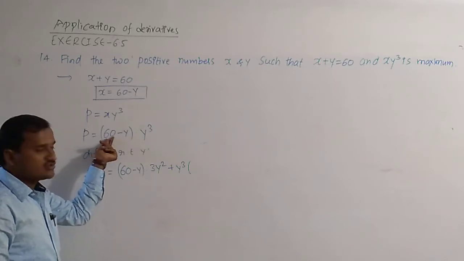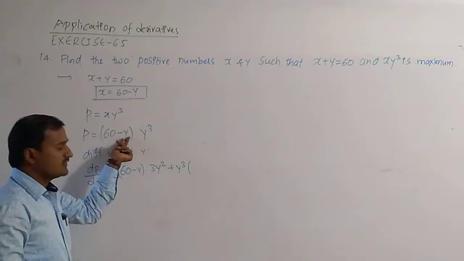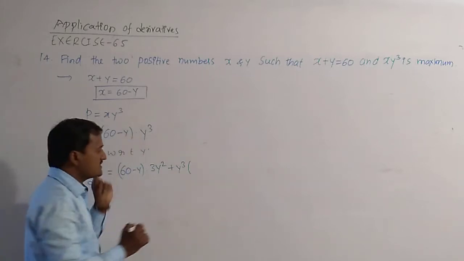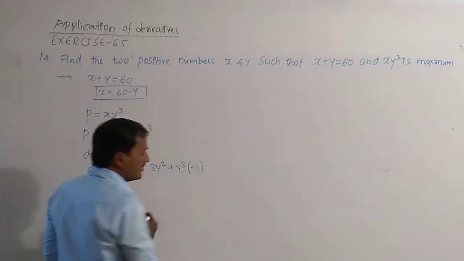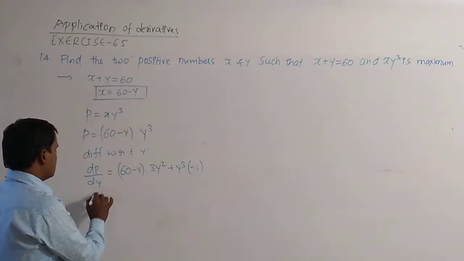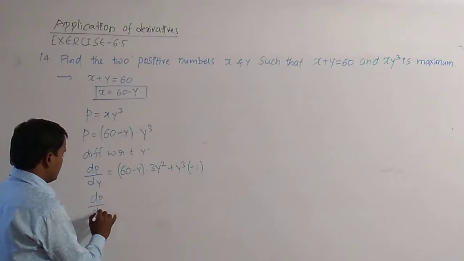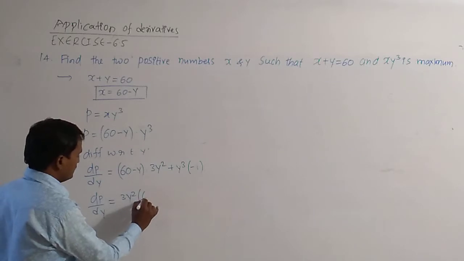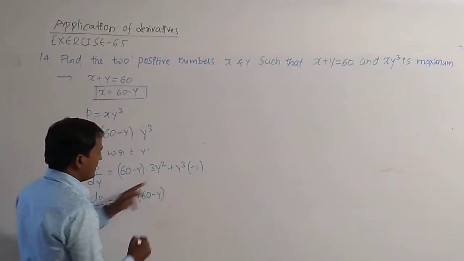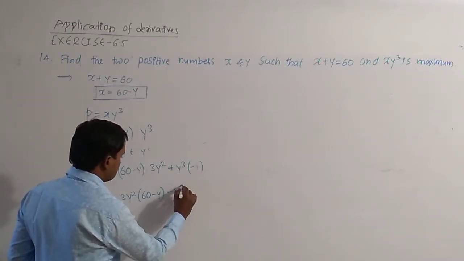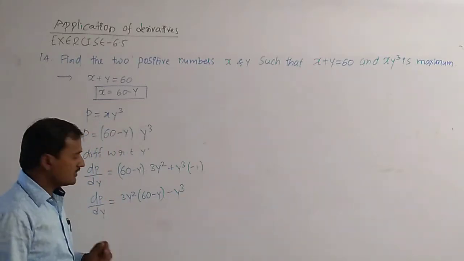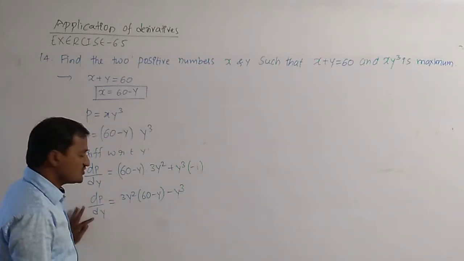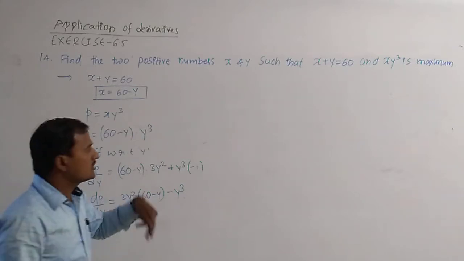The differentiation of 16 is 0, and the differentiation of y with respect to y, so clearly it is minus 1. Now simplify this one. So dp upon dy is equal to 3y square into 16 minus y, and clearly here it is minus y cube. This is the first derivative of the product of those two functions.